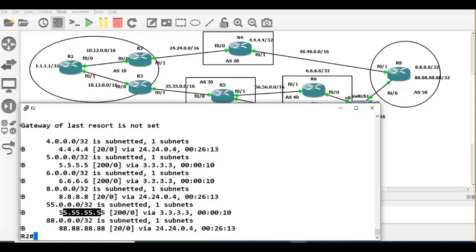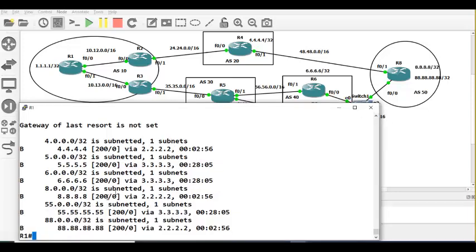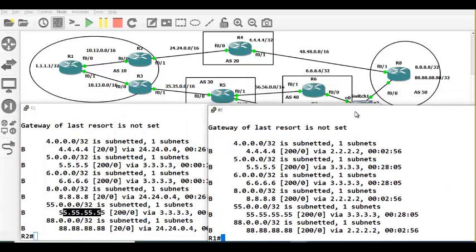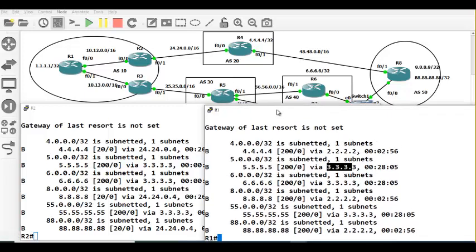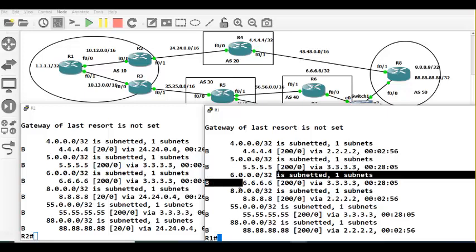So right now, R1, for 55, it is going via 333. For 555, it is going via router 3. Same thing you also see on R2. Yeah, almost the same routing table. And then for 6666, it is going where?